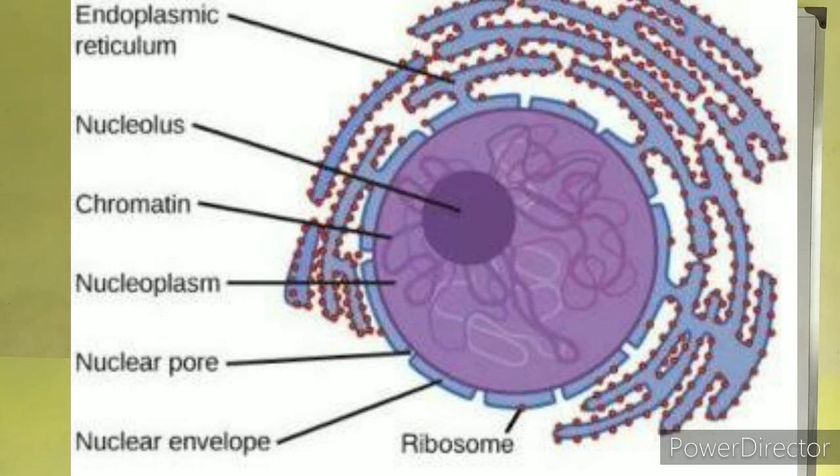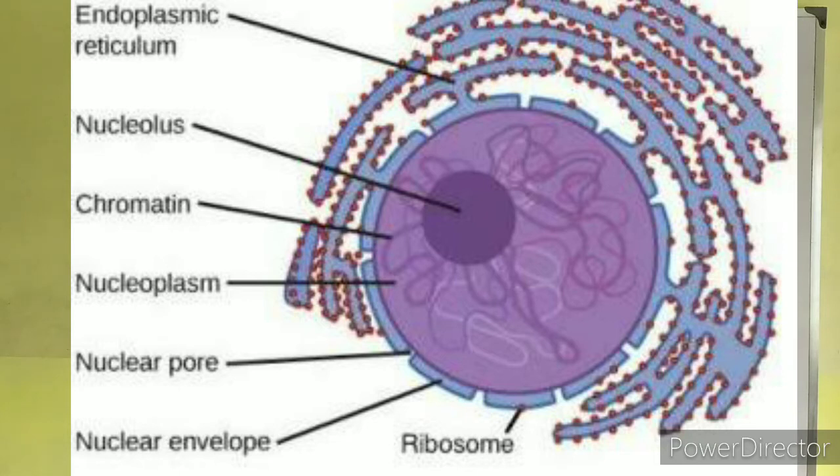Nucleus is an oval shaped body floating in the cytoplasm. It is surrounded by a thin membrane called nuclear membrane or nuclear envelope, as you can see in the diagram. In animal cells, the nucleus is present at the center of the cell.